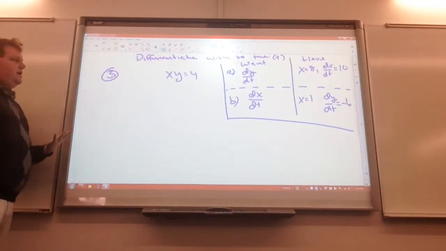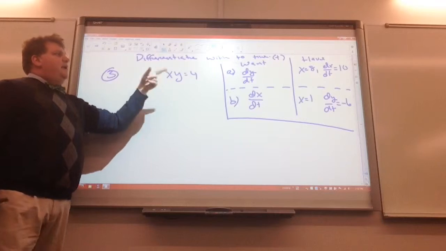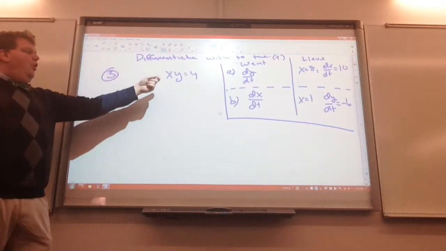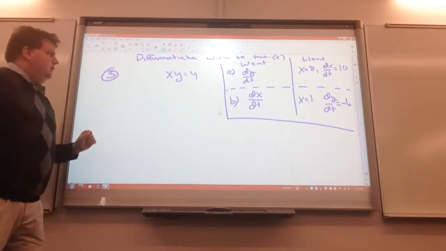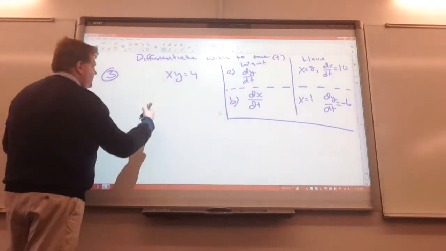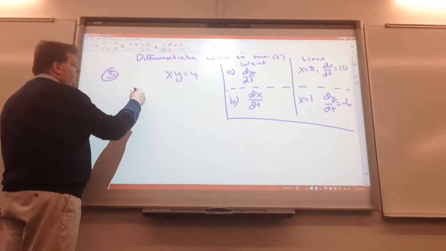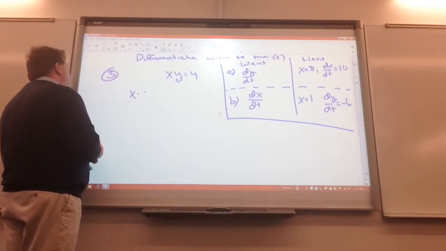So, first thing we're going to do here is, since we want derivatives, we're going to take the derivative of this thing with respect to time. Okay? So, what rule ultimately am I going to use here? Because I got x times y. Going to use a product rule. Good. So, product rule says take the derivative of, keep the first thing the same, multiply it by the derivative of the second. So what's the derivative of y going to be? dy by dt.